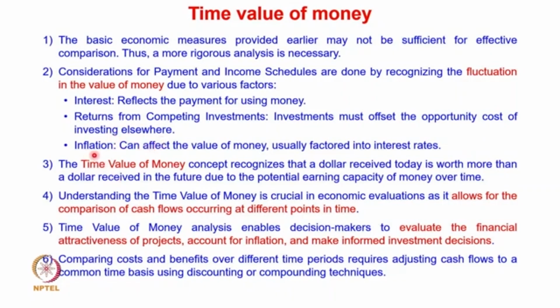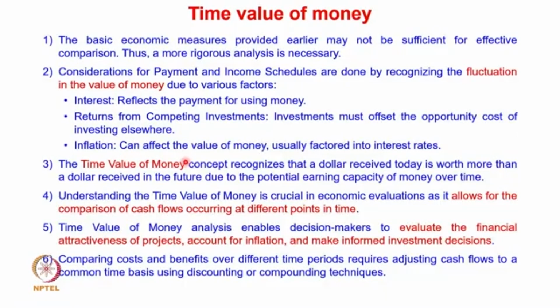And the third one is inflation. Because of market fluctuation, the prices of different commodities change, and that can impact the value of money. Usually inflation is also included in the interest rate itself, so this inflation part can be taken into consideration directly by having a different value of the interest rate.